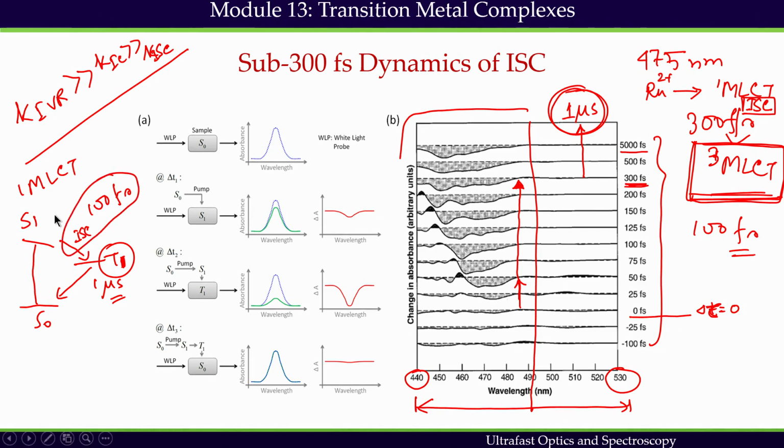Question is why? Why is T1 to S0 slow, but S1 to T1 very, very fast? Answer: there is no answer found in literature so far, but this tells us that there is a demand for research on it.